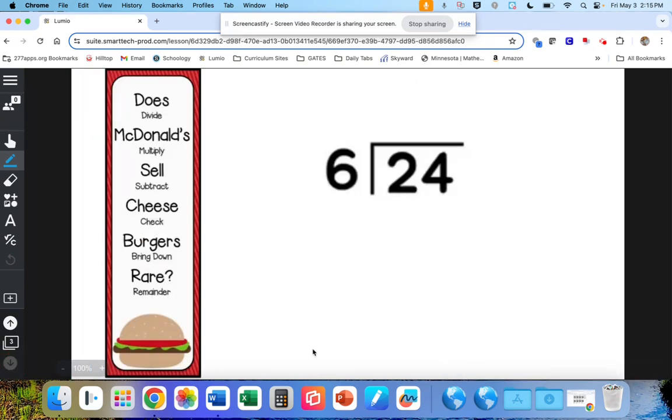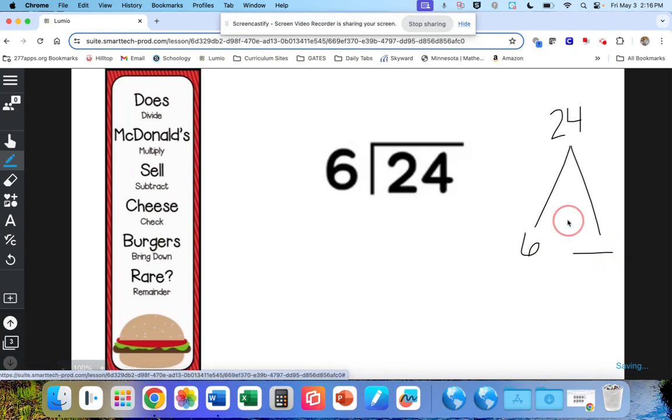So if we take a look at the problem of 24 divided by 6, a lot of people at first, when they start doing division, think this seems scary. But if we keep in mind our math mountains, we would have the 24 at the top of the mountain, the 6 at the bottom of the mountain, and whatever our other missing amount is.